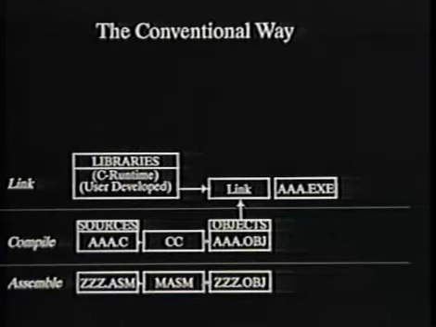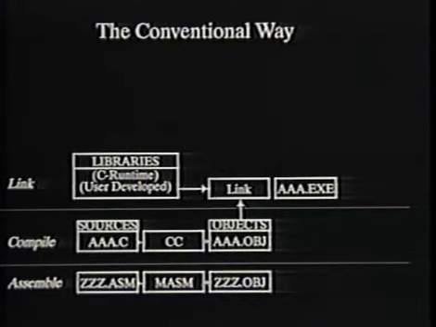All right, so let's look at the pieces that we need in order to compile and build an application. In the traditional or conventional application, what we have is a set of source files, usually in, say, C or assembly language.